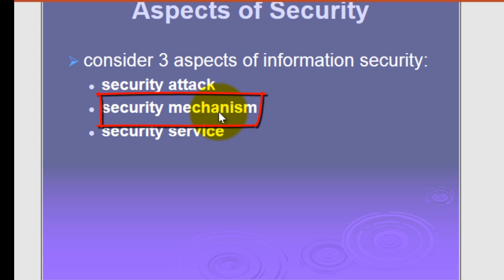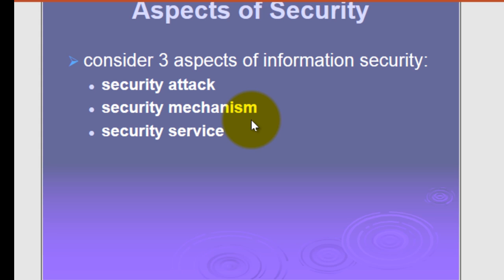And security mechanism is a process or a method which is designed to detect, prevent, or recover from a security attack. So this is a process which will try to prevent the security violations.